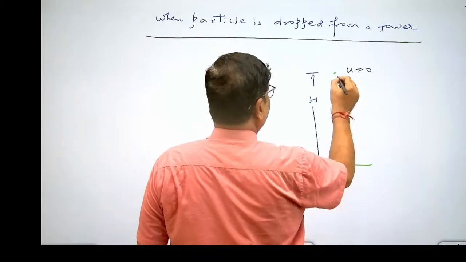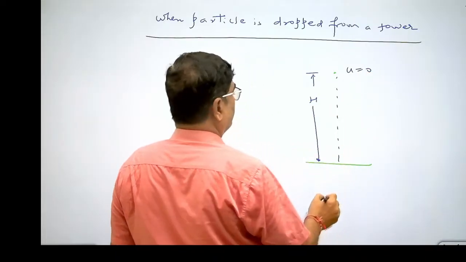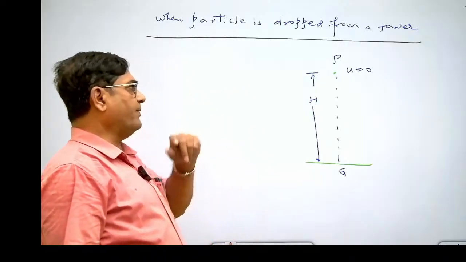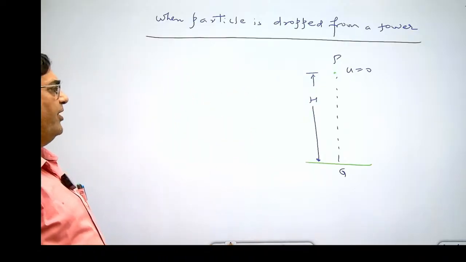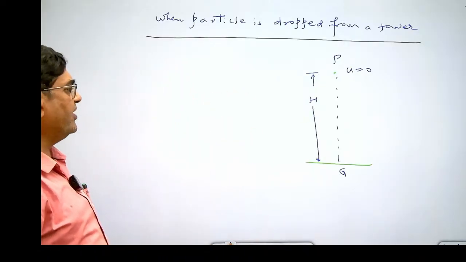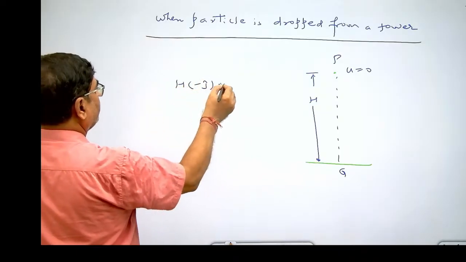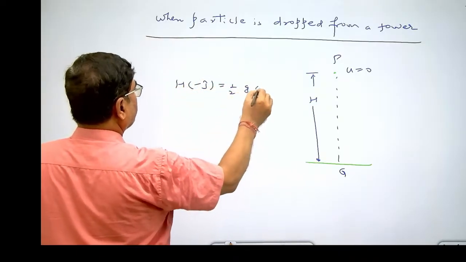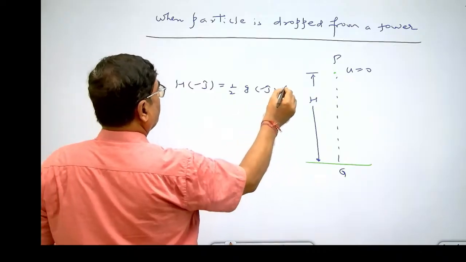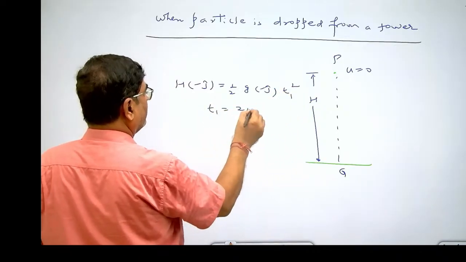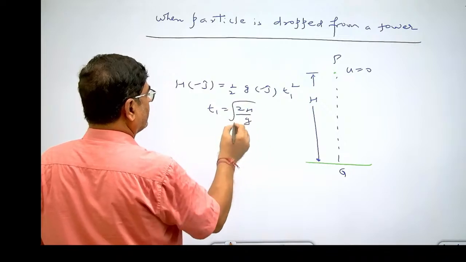Initial velocity is 0. This is point P and this is ground point G. So what happens when the particle is dropped from point P and reaches point G? This is the equation of displacement, H equal to half g t square. Let us assume the time taken is T1. So dear student, how much is T1? T1 is under root 2H upon g.